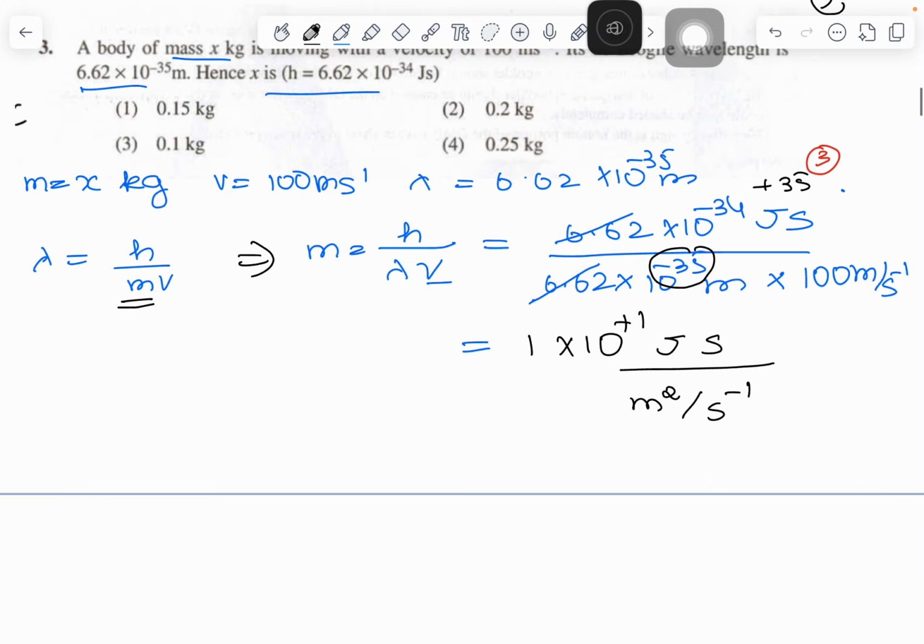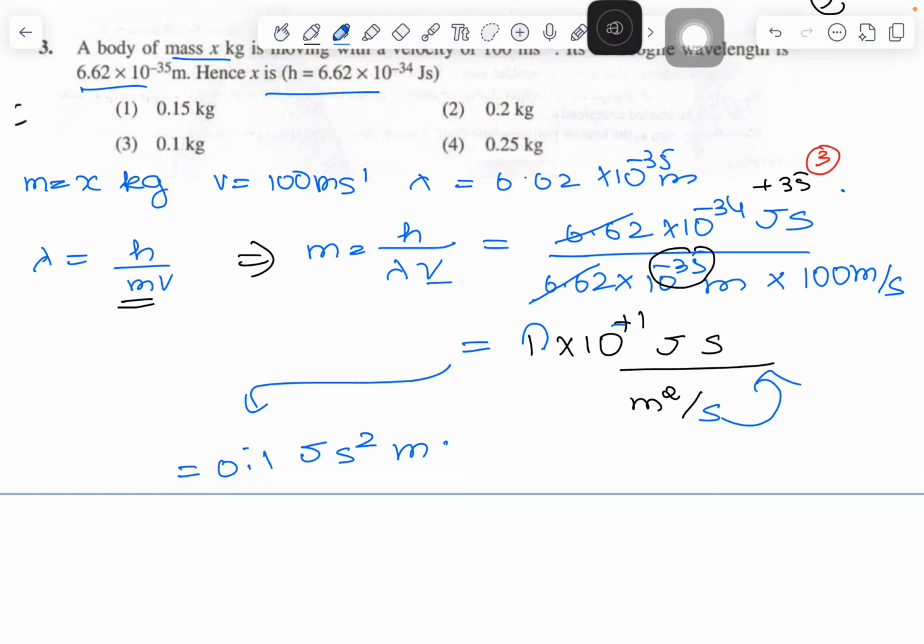If I move the decimal this side, it will be 0.1. We have joule second, and the meter per second, when it goes up from the denominator to the numerator, it will be joule second square per meter square.